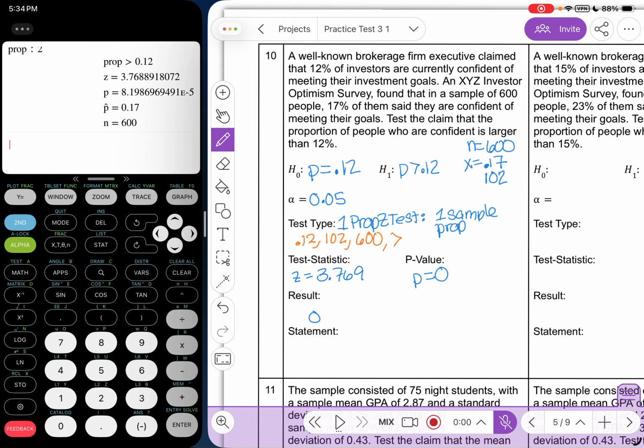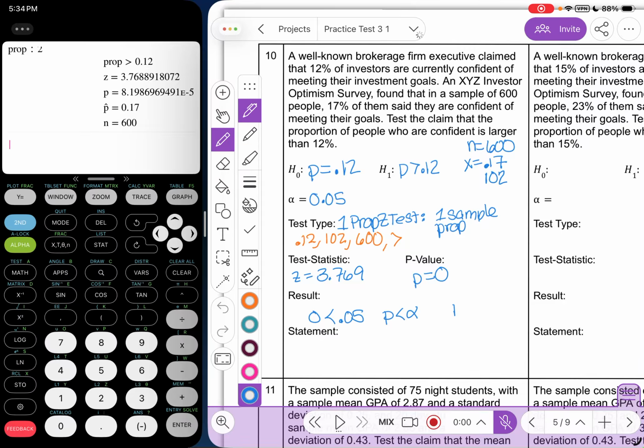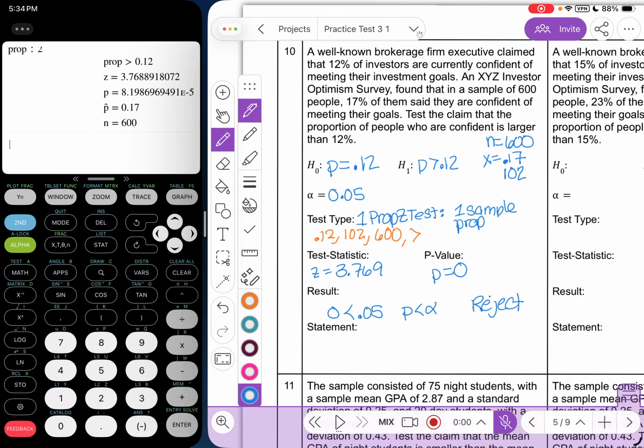Then we compare. 0 is greater than 0.05. So P is greater than alpha, which means, nope, 0 is not greater than 0.05. Brain cramp. P, 0 is less than. P is less than alpha, so we reject. Rejecting means we do have evidence.